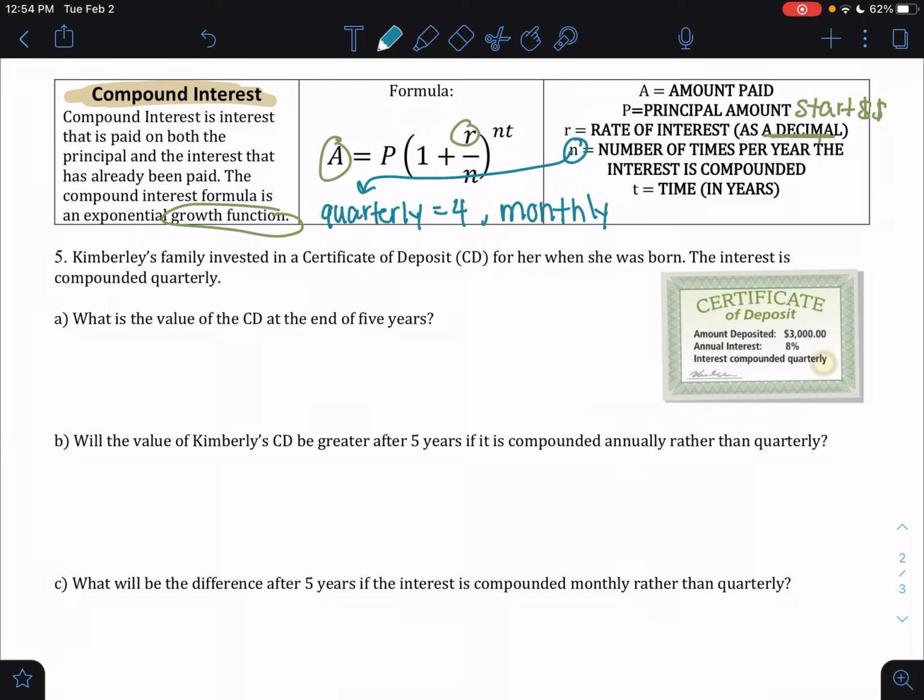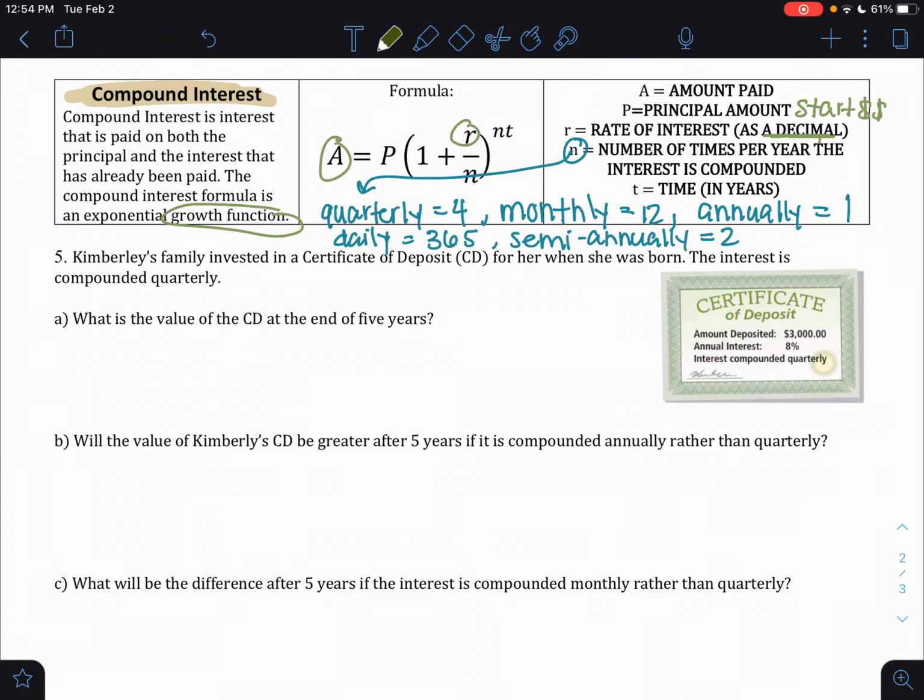How many months are in a year? 12. You might see annually, and that just means once per year. Maybe you see daily. Daily would be how many days there are in a year, 365. And you also might see semi-annually, and that means 2 times a year, so it would be 2. And those are some different ones that you might use for n. Some different terms you might see.